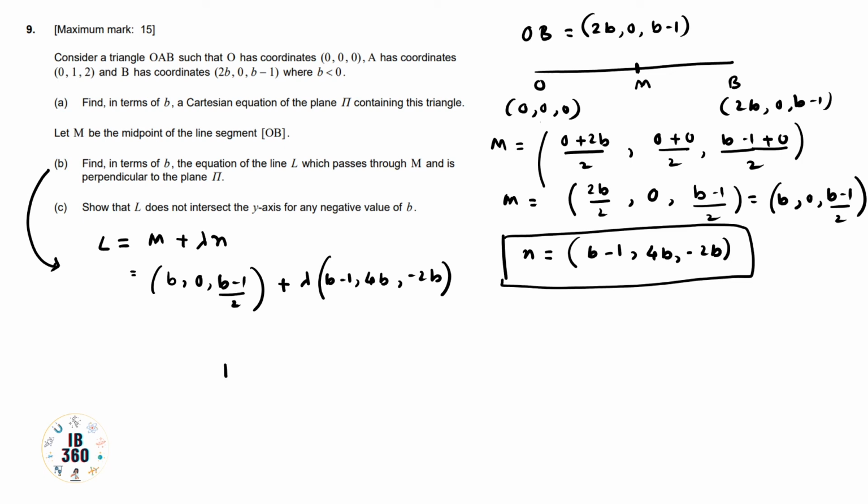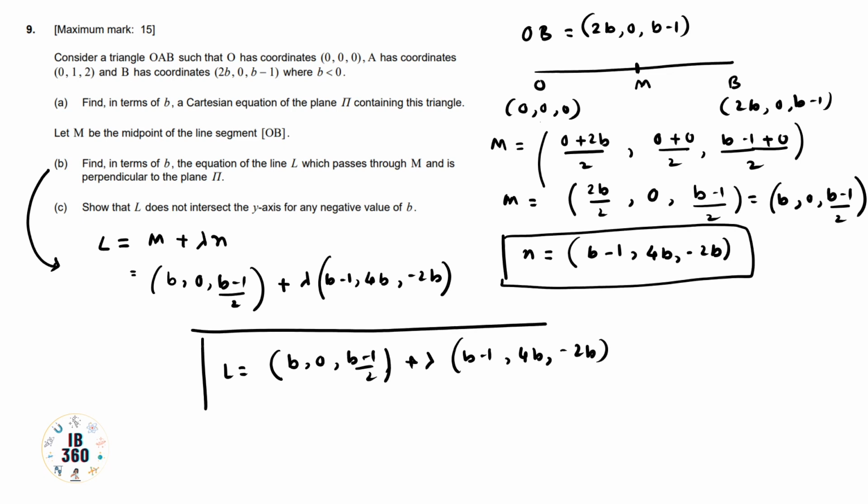Here it is, M coordinates b comma 0 comma (b minus 1) divided by 2, plus lambda times (b minus 1, 4b, minus 2b). So this is the equation. One more thing, you can also write this equation in vector form, then we need to multiply by the i, j, k unit vectors. So the second problem is also done, because we needed to find this with respect to b.